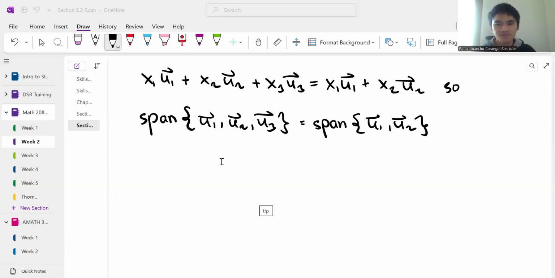Now, since we have already shown this in the previous example where the span of two vectors is not R3, that means the span of these three vectors is also not R3. Right?